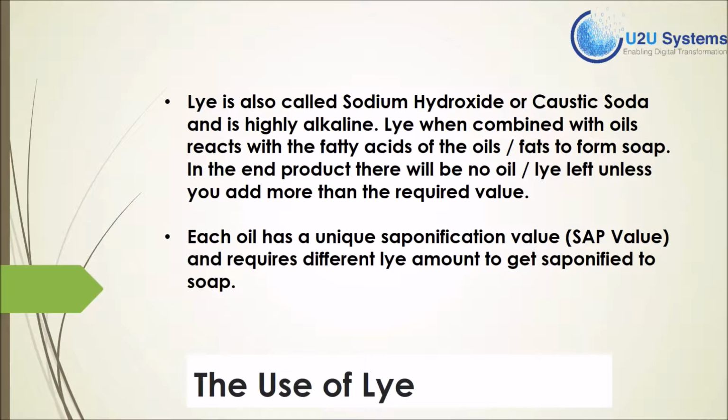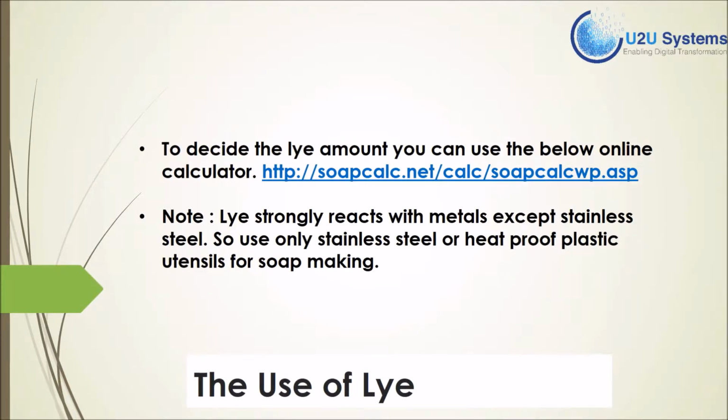In the end product, there will be no oil or lye left unless you add more than the required value. Each oil has a unique saponification value, or sap value, and requires a different lye amount to get saponified to soap. To decide the lye amount, you can use the below online calculator.